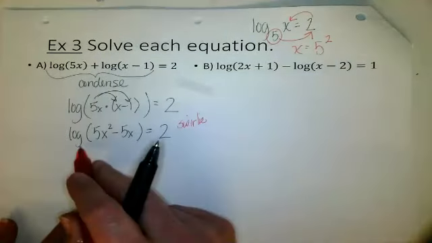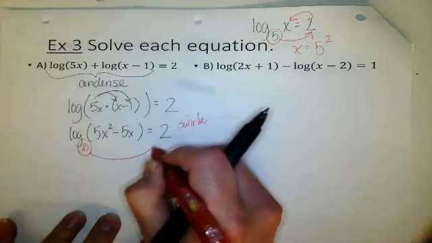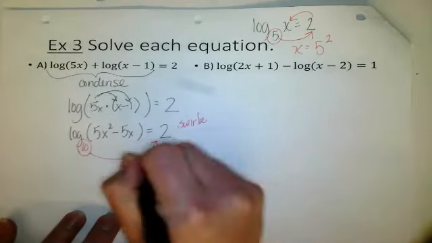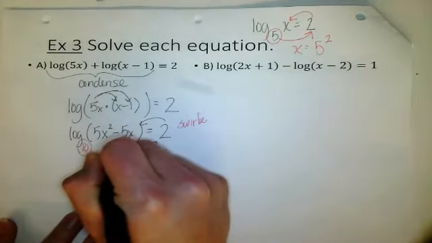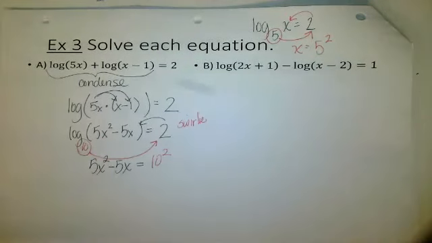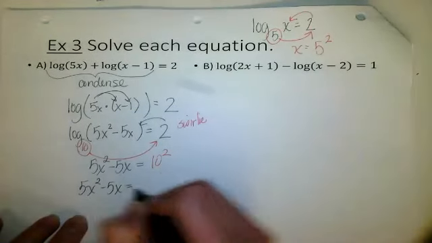So what is the base then? 10. Oh, very important. So we have 10 to the second power equals what? 5x squared minus 5x. Very good. 5x squared minus 5x equals 100.